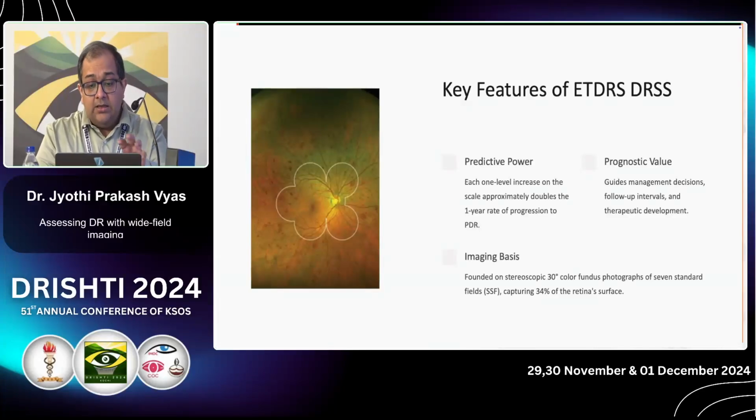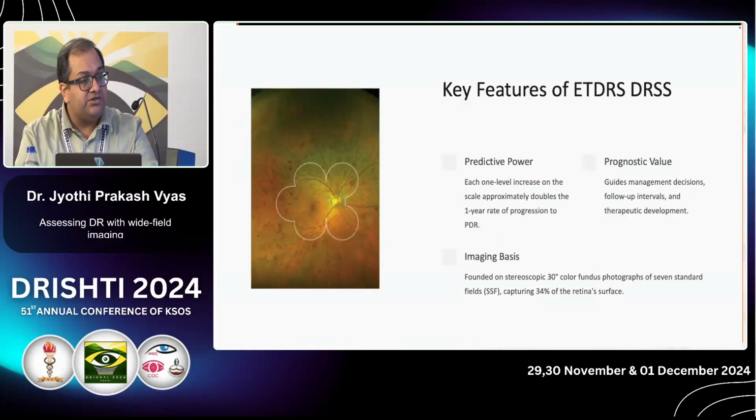You can see the amount of area which we used to see and what the present modalities allow us to see. There is a massive increase in the area, around 82% of the retinal surface, which we see with the newer wide field imaging modalities.